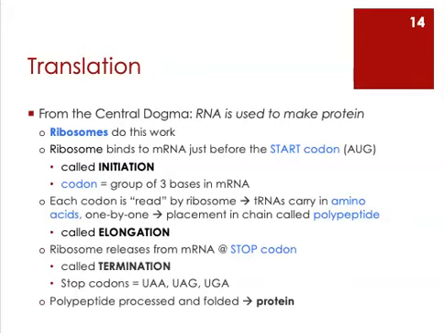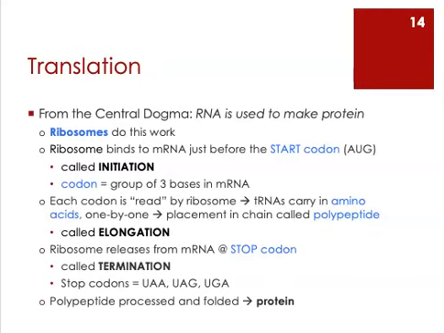The ribosome exposes the codon. The ribosome is going to do the work of attaching one amino acid to the next, but the transfer RNA, the tRNA, is literally carrying in the amino acid to be added into that chain of amino acids.